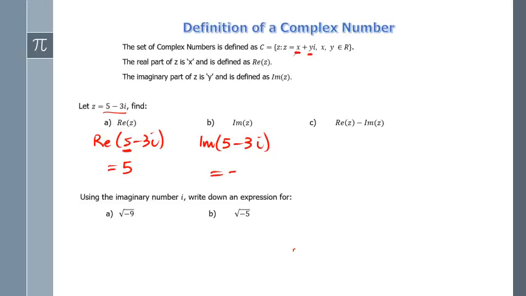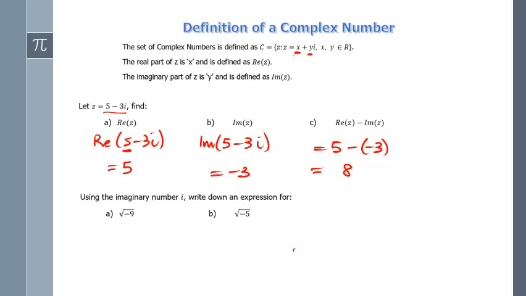My imaginary part is just -3. If I want the real part of z, we know that that's 5 from part A, minus the imaginary part, which we know is -3. That's going to give me 8.